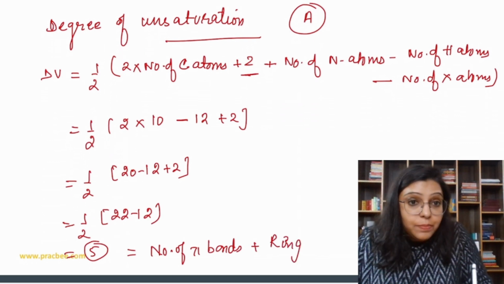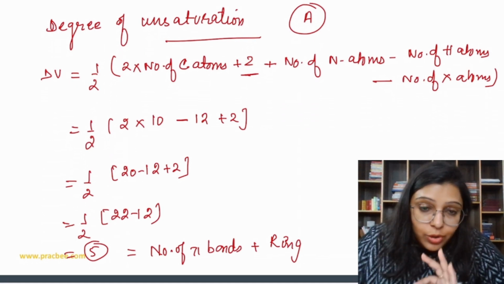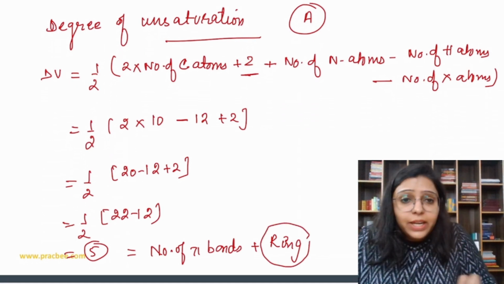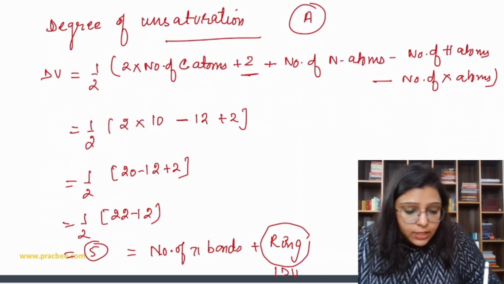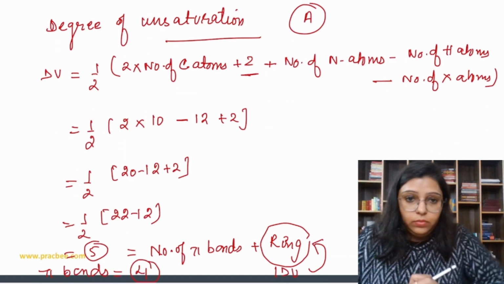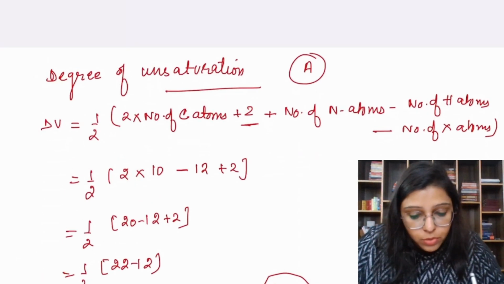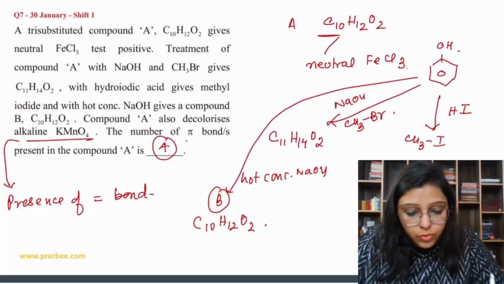Now this compound can give neutral FeCl3 test, yani phenolic group is there. So it means 1 degree of unsaturation is due to the ring. So total pi bonds are going to be 4. ठीक है, 1 degree of unsaturation is due to the ring, so total pi bonds are going to be 4. The answer is 4.